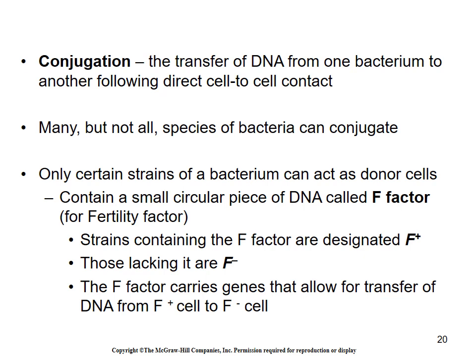F positive means it's able to be a donor cell, and the donor cell will then take this F factor and donate it to a recipient cell. The recipient cells are often labeled as F negative because they originally lack the fertility factor and are not able to conjugate by themselves. So the goal of conjugation is to take this F factor and transfer some of the bacterial DNA from an F positive cell, our donor cell, to the F negative cell, our recipient cell.